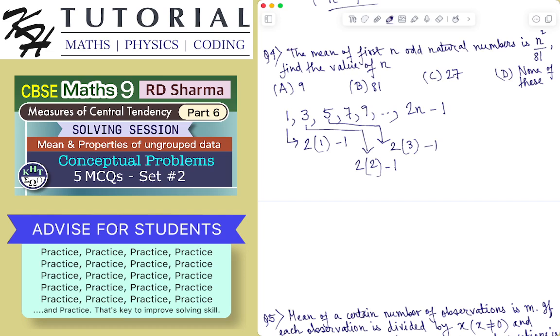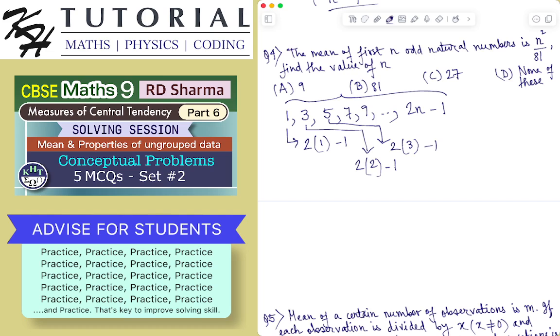So what will be the sum of the first n odd natural numbers? You can see that these are the first n odd natural numbers, where the nth odd natural number is 2n minus 1.